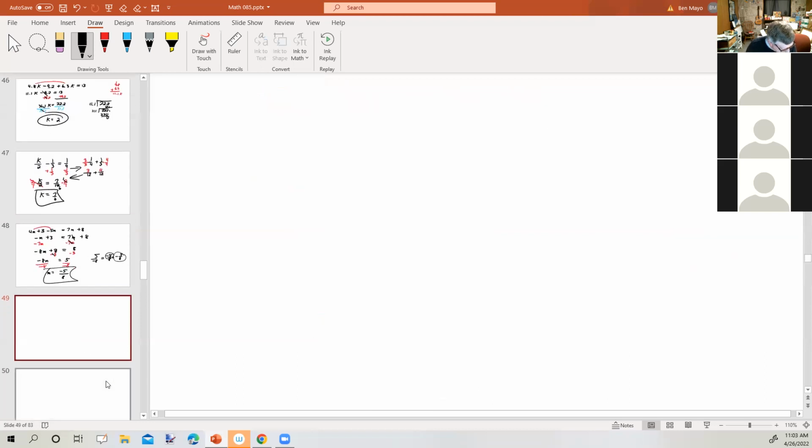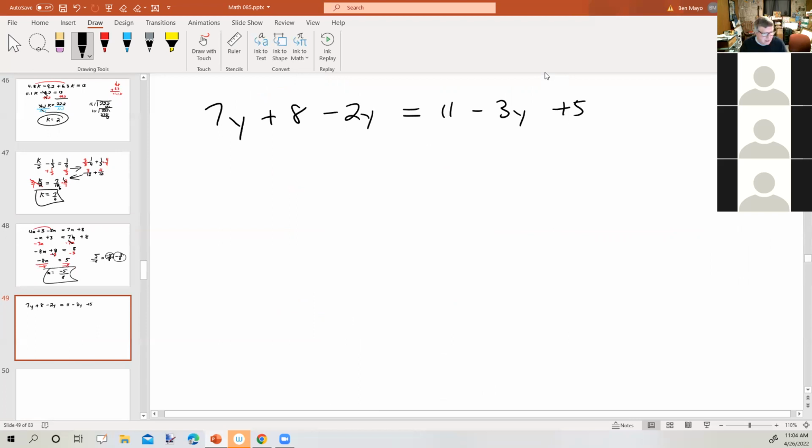Let's see here. 7y plus 8 minus 2y equals 11 minus 3y plus 5. So I'm going to simplify both sides of the equation first. I'll do that by combining like terms on the left side of the equation. 7y minus 2y is 5y, and then plus 8.